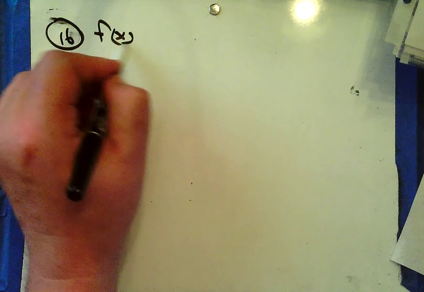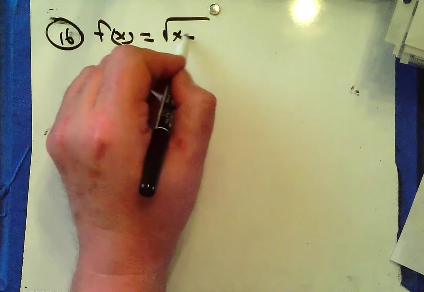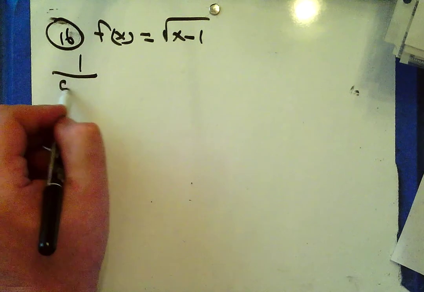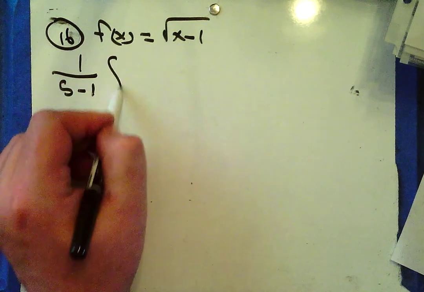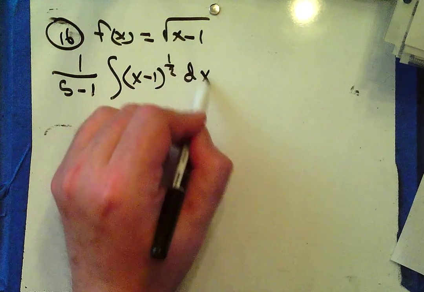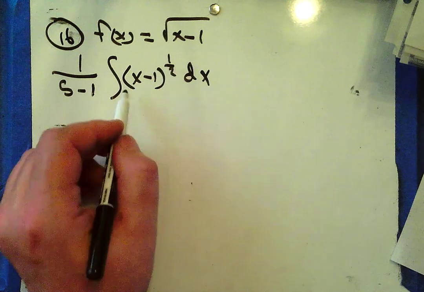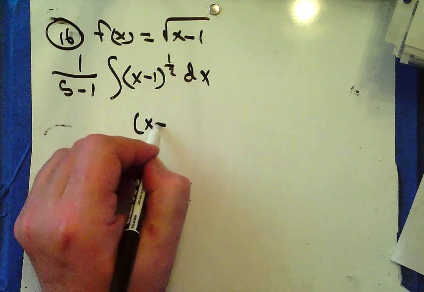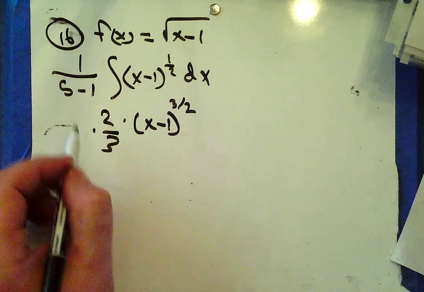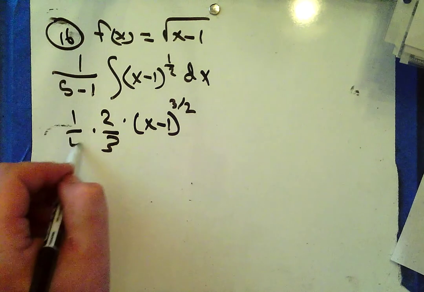f of x equals the square root of x minus 1. What's the average value? So 1 over 5 minus 1, integral of x minus 1 to the 1/2 dx. Well, we know the antiderivative here would be x minus 1 to the 3/2 with a 2/3 in front, times this 1/4.